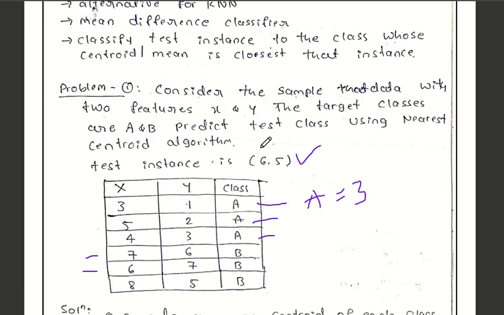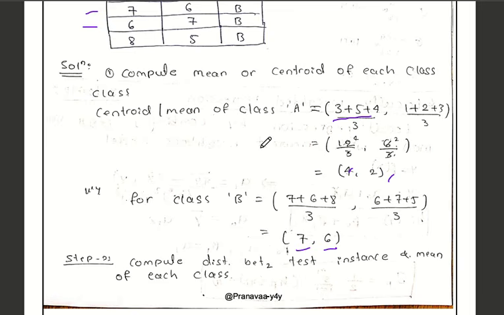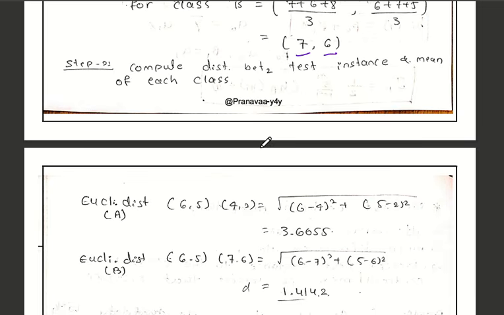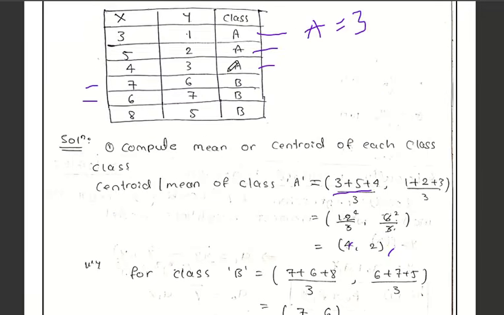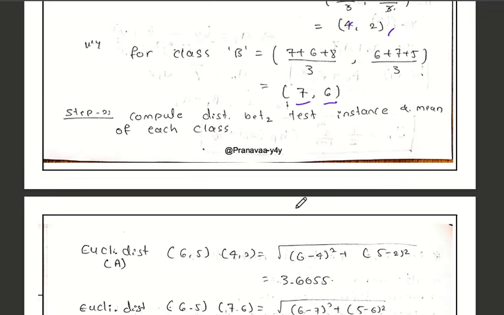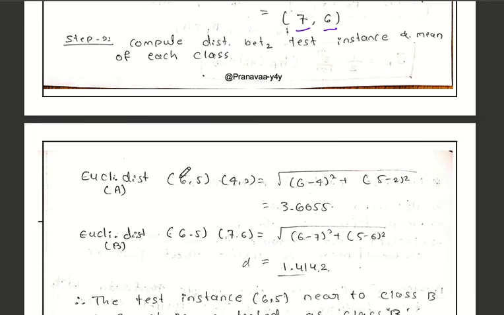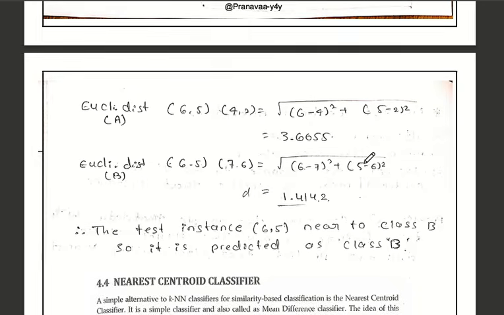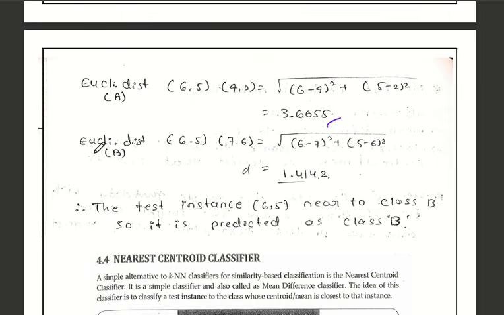You need to take this as x2, y2. Then 6 minus 4 whole squared, 5 minus 2 whole squared, that is x2 minus x1 whole squared plus y2 minus y1 whole squared. When you apply that formula, you will get the Euclidean distance value. Again, the same Euclidean distance for B.